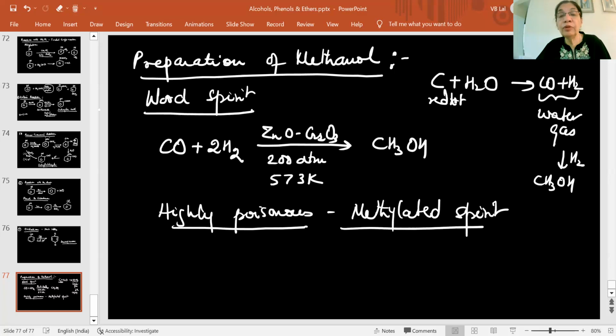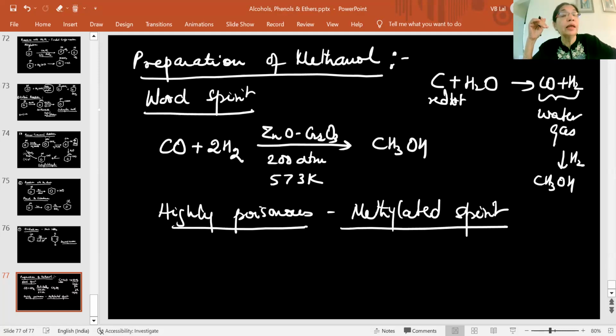That alcohol which is mixed with methanol is known as methylated spirit, right? So normally you cannot get spirit easily. The spirit that you get is always methylated spirit. Now, those people who want to give cheap liquor somehow manage to get this methylated spirit. That is why when they are not able to mix the methylated spirit carefully, many people die of drinking.